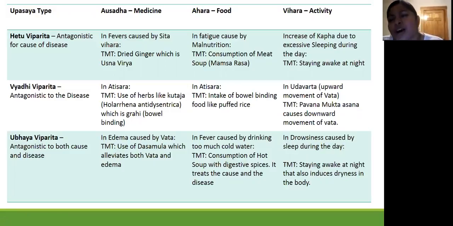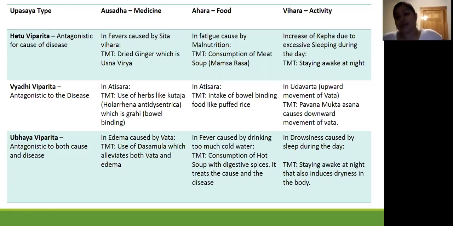Now you think, don't we usually always look at the root cause in a disease, or when we look at treatment in Ayurveda? Yes, we typically do. However, sometimes the disease itself in a particular stage is so aggressive that you cannot change the Nidana. You have to address the disease itself. An example of that is diarrhea.